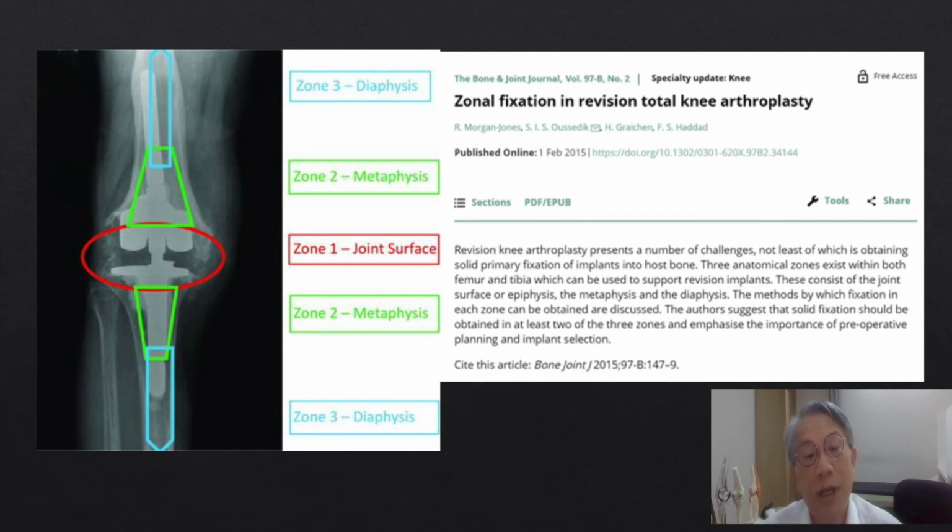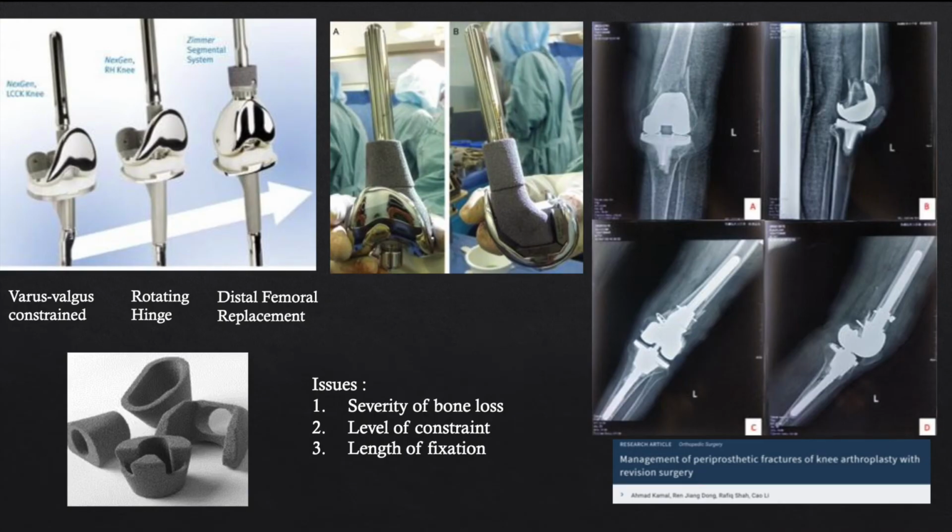So invariably in the periprosthetic fractures, we will have to get fixation in the diaphysis and what's left of the metaphyseal zone, considering that we were fractured in the supracondylar region. And unless we have at least a good 2 out of 3 fixations, we will not get a stable, long-lasting structural implant.